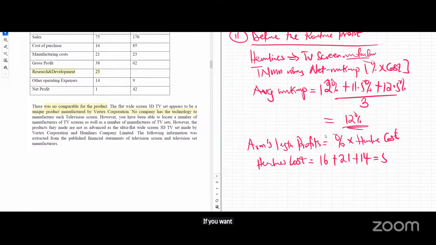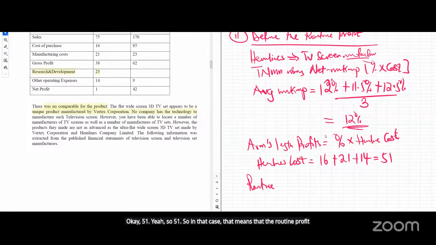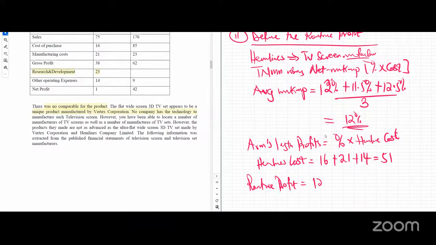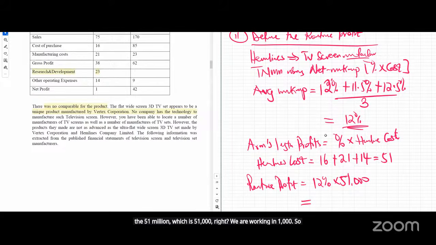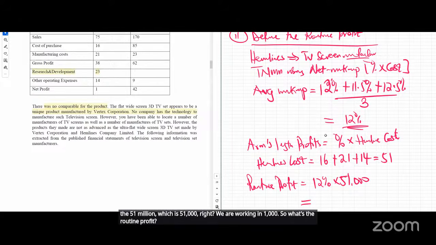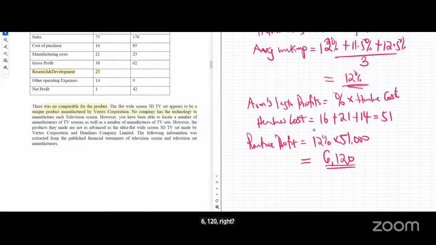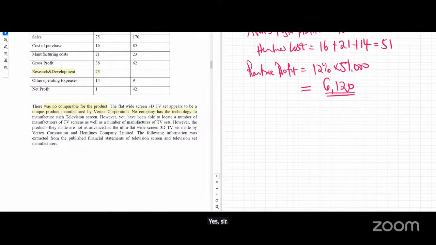So in that case, the routine profit for Hemline will be 12% of the 51 million, which is 51,000, since we are working in thousands. So what's the routine profit? 6,120, right? Yes, sir. Good. Now we are done with Hemline.